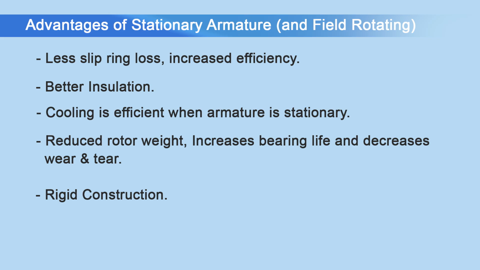Another advantage is better insulation. If the armature is kept on the outer side, we can easily provide the insulation in a better way. Cooling is also efficient when the armature is stationary. When we place the armature on the rotating part over the shaft of this machine, it will become bulky.